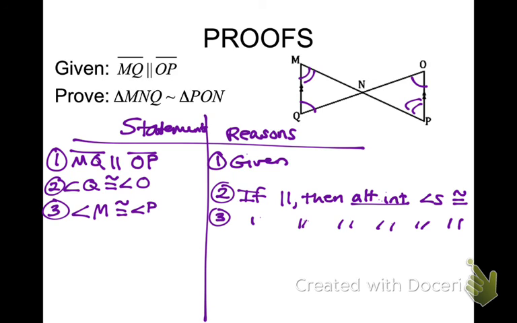And then I have two sets of congruent angles, so I'm done. So triangle MNQ, similar to triangle PON by angle similarity. Does everybody see how I could have gone with one of these and then done vertical for the second one? Yeah. Okay. All right, so that concludes your notes.